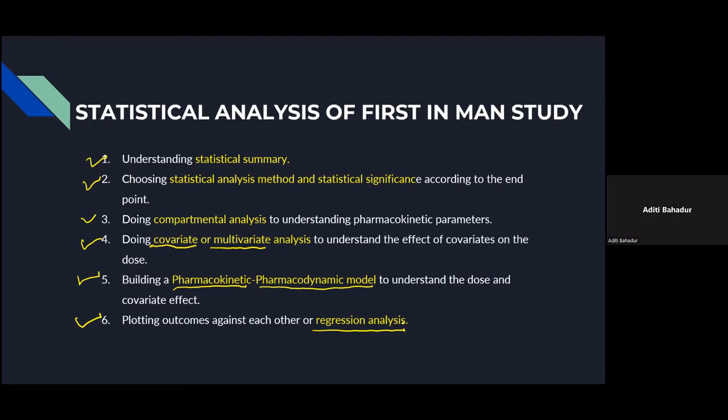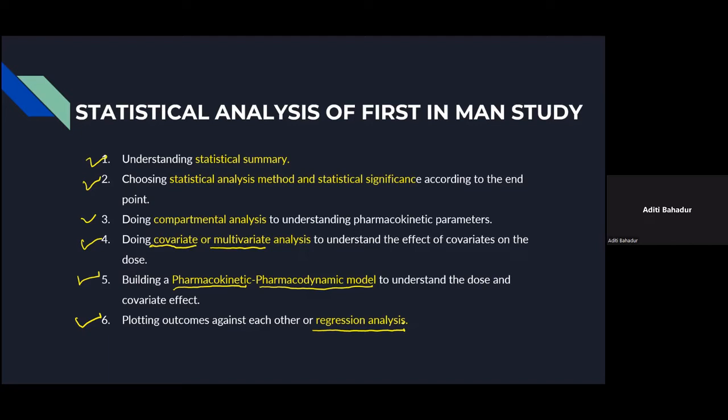And at this point, you could also do, if applicable, regression analysis to predict different kinds of outcomes. Though many times you don't do regression analysis at this phase because you don't have enough data. Now, what is regression analysis?